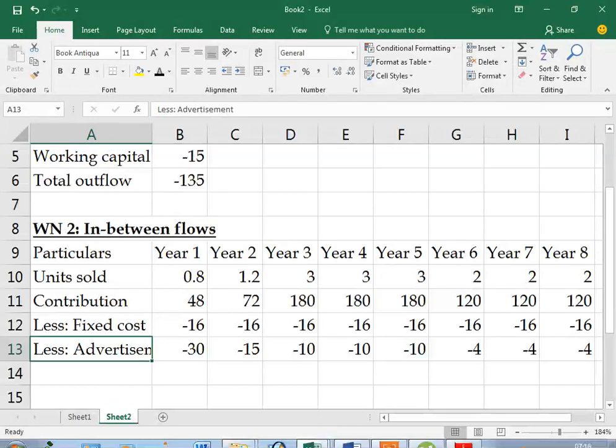Advertisement. Any other expense there in the question? Once you deduct this, what do you get?